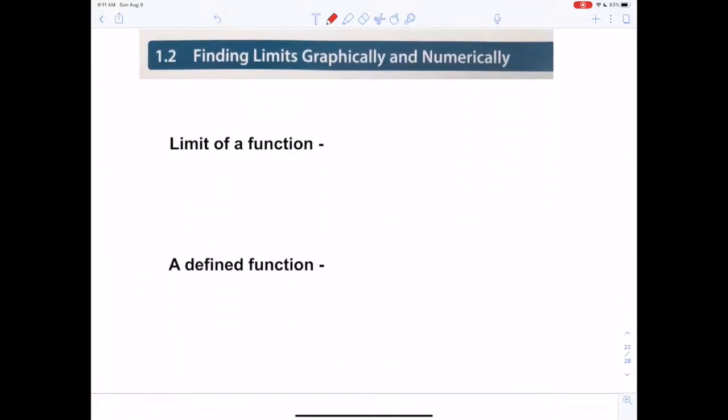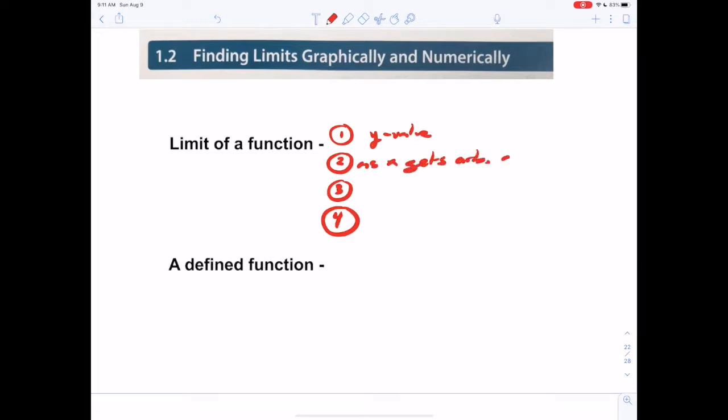You have to know the difference. So remember, the limit of a function is, and I'll pause there. You could fill it in, and you should write these out. The y value as x gets arbitrarily close to some number a on either side of a, but not exactly a.